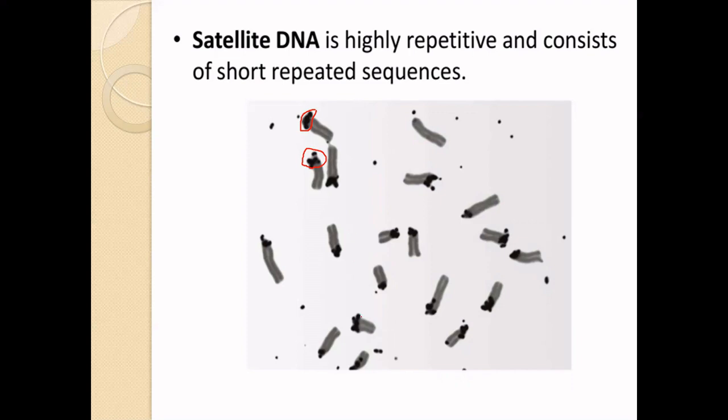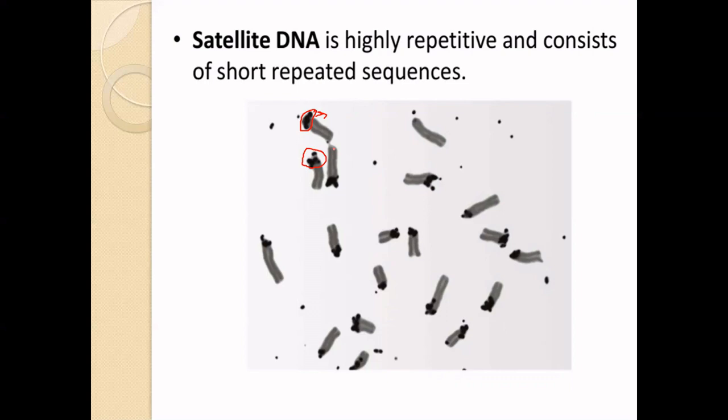This is the chromosome structure, and in this chromosome structure, these heterochromatic regions are dark in color, dark in stain. So the satellite DNA sequences are basically located at the heterochromatic regions, which are mostly found in the centromeric and subtelomeric regions of the chromosome, but also in the intercalary position.